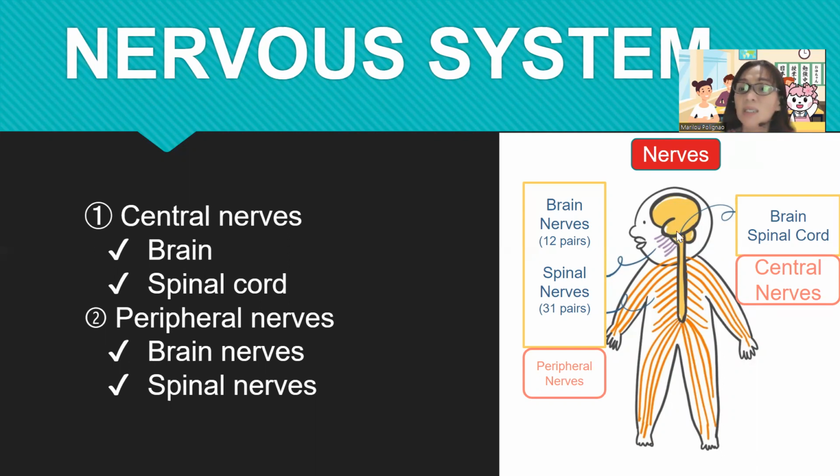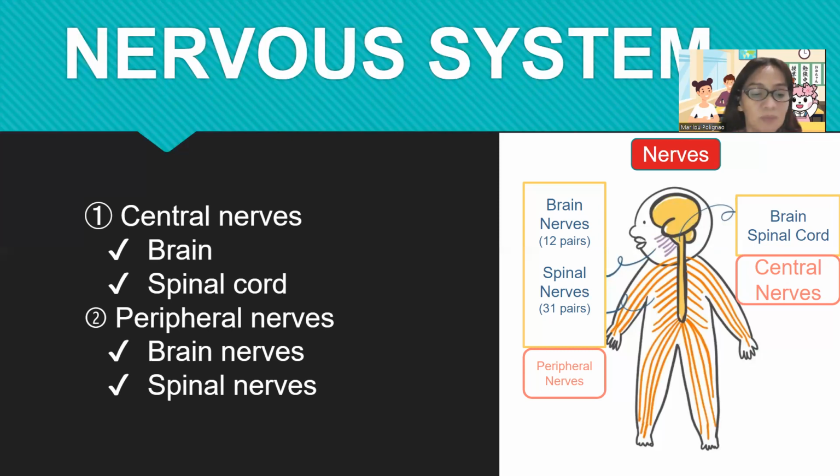So, ibig sabihin ng ating brain to spinal cord ay nagbibigay ng function of relaying information. So, pag wala po yan, so parang patay na yung ating katawan, o ating pag-iisip. Diba? Pag hindi nagpa-function yan, may tendency na tayong lantang gulay. So, wala ng proper function.